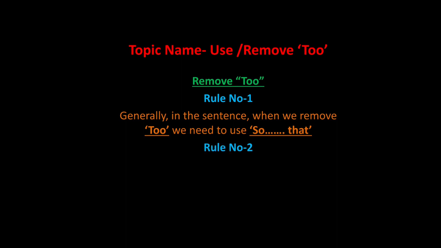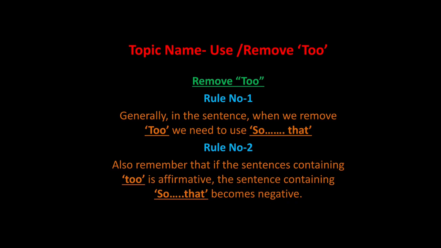Clear? Now rule number 2. What is rule number 2? Rule number 2 is: also remember that if the sentence containing "too" is affirmative, the sentence containing "so that" becomes negative.